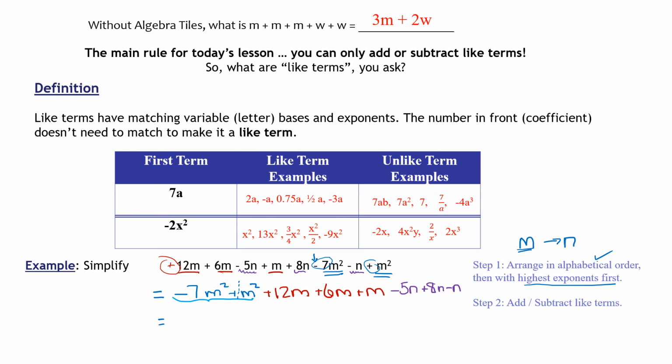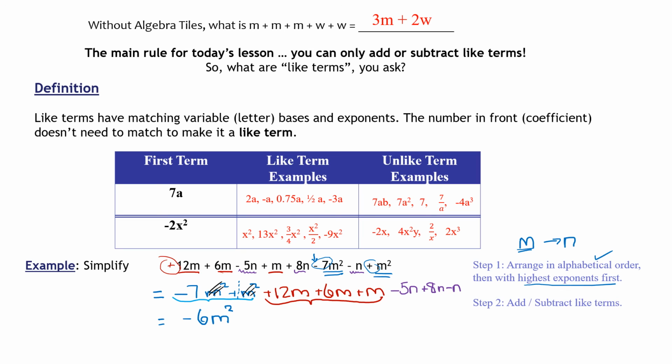Now that we have the like terms, we can kind of ignore the variable for a minute here. And it's really negative 7 plus 1. Negative 7 plus 1 is negative 6, and now I've got to put my m squared back on there. So I have negative 6m squared. Next one, I've got all of these m's.